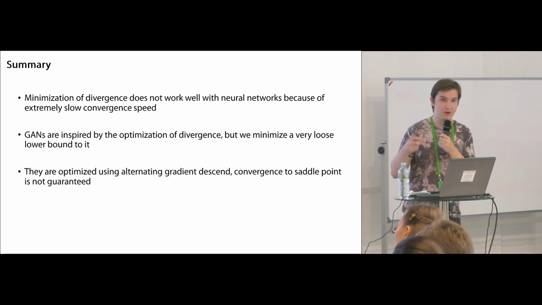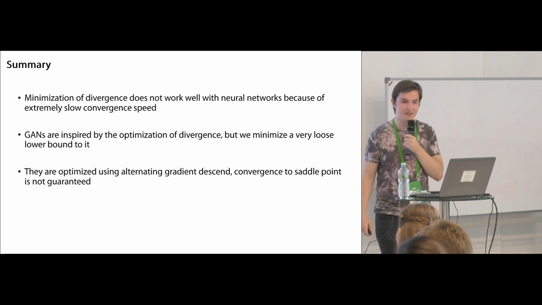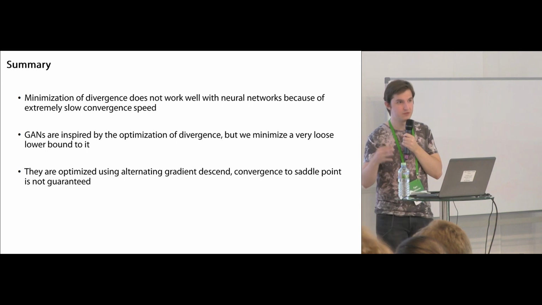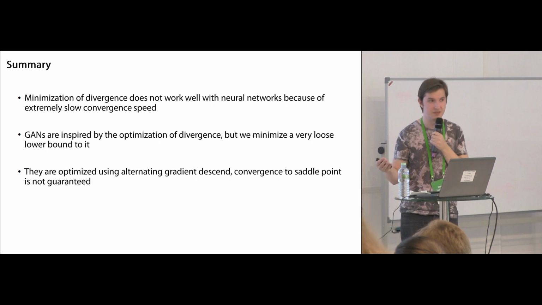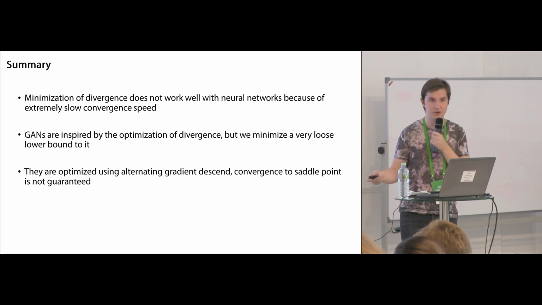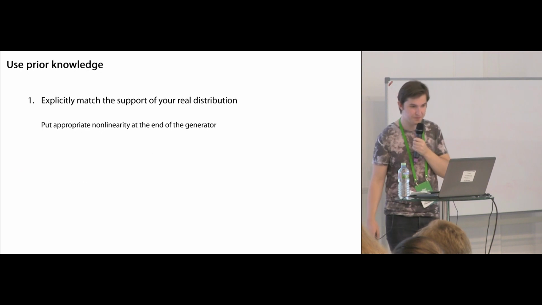We also optimize GANs with alternating gradient descent. So if we use that for games, so min-max problems, the convergence to the optimal point is not guaranteed. This is just the optimization problem related to that algorithm, and we need extra tricks applied to be able to converge with a higher success ratio.